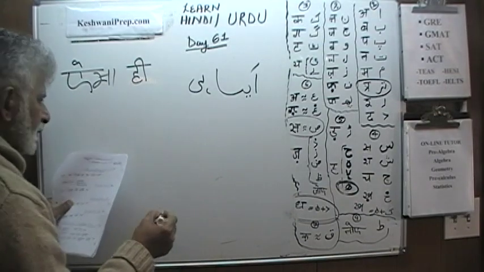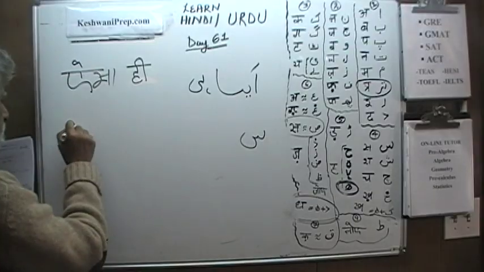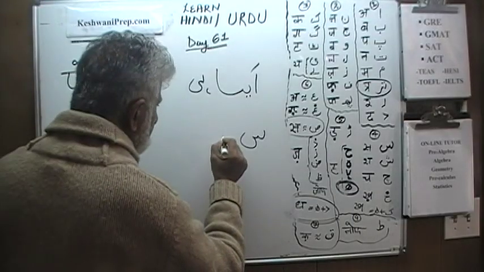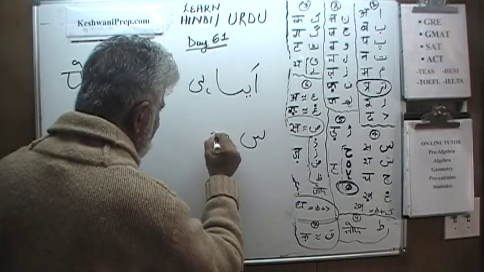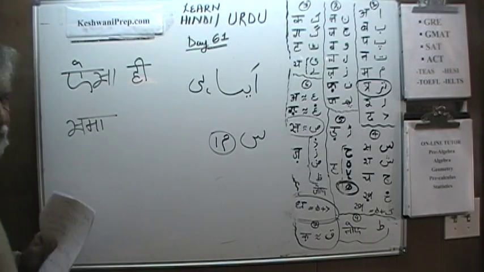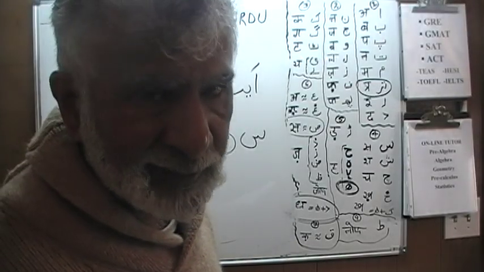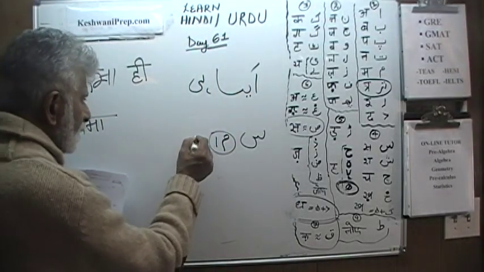Esa, he. Then we need a sa. And then we need a ma. Mim and alif, ma. But so far it says sama. We don't need sama, we need sama, with the nasalized N at the end. Nun gunna. We need a nun gunna. Sama.